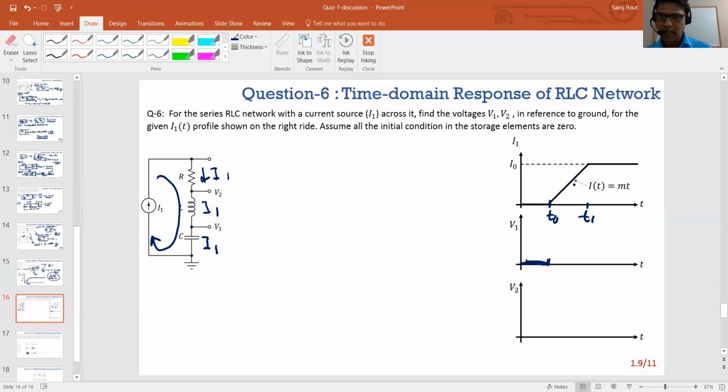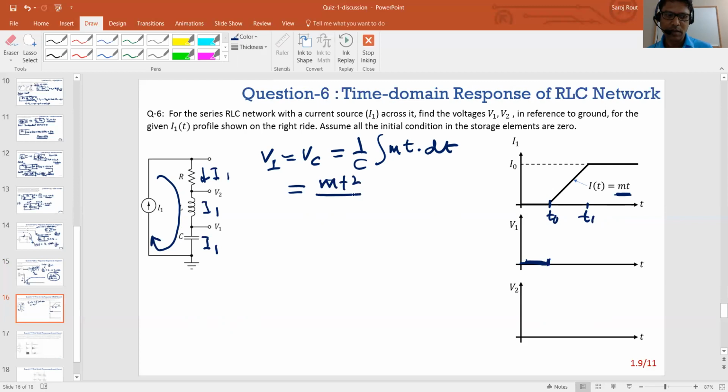Now you start ramping it up, at some slope, and V1 is nothing but the voltage across VC, which is just the integral of I over C dt, which is M t dt, and since we don't have any initial condition on it, this is simply M t squared over 2C.